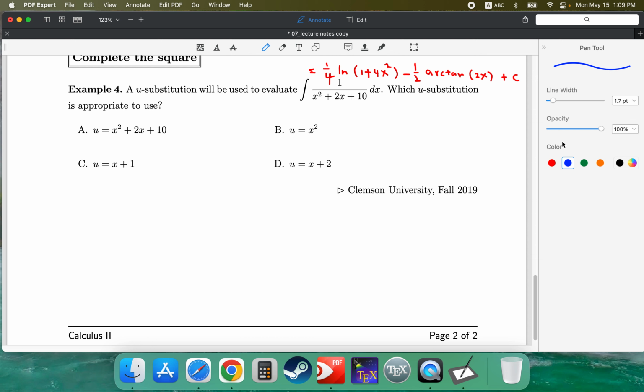I always say we need something from Calc 1, we need something from your high school, we need something from, for example, pre-calculus. This is because we need all these prerequisites in order to proceed. So if you are not familiar with those materials, please make sure you review. Otherwise, for problems like this, you don't know what to do.